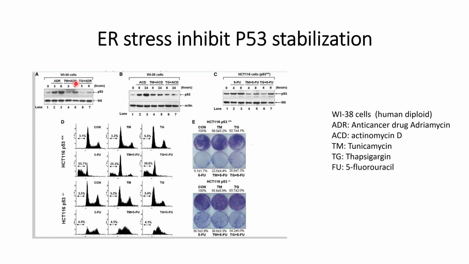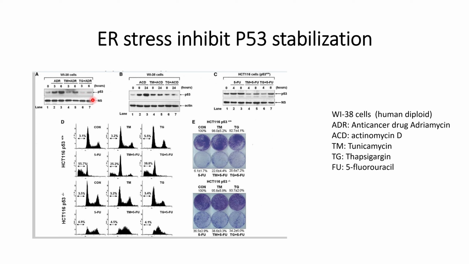So when the ER stress is introduced through TM, or tunicamycin, the expression of p53 is reduced. And when thapsigargin is introduced to those cells, the p53 is reduced further.